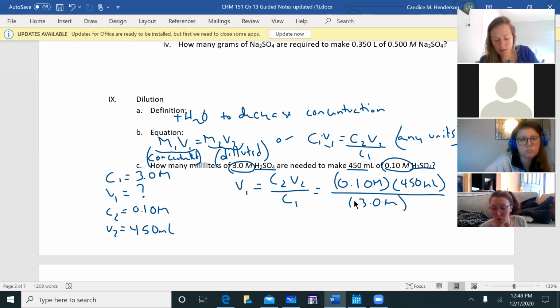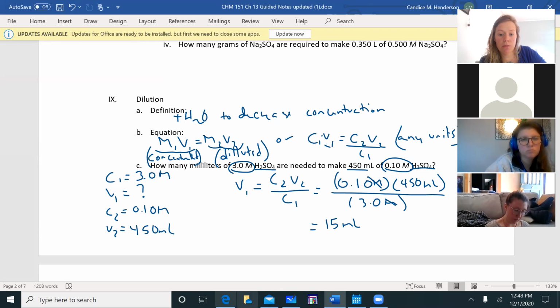And I like to plug the units in because I know that things will cancel and I'll be left with stuff that I like. So when running this through our calculator, we'll end up with a value of 15 milliliters. So what that's saying is you only need 15 milliliters of this really concentrated material. You can dilute it to 450 and it'll hit that concentration exactly where you want it.